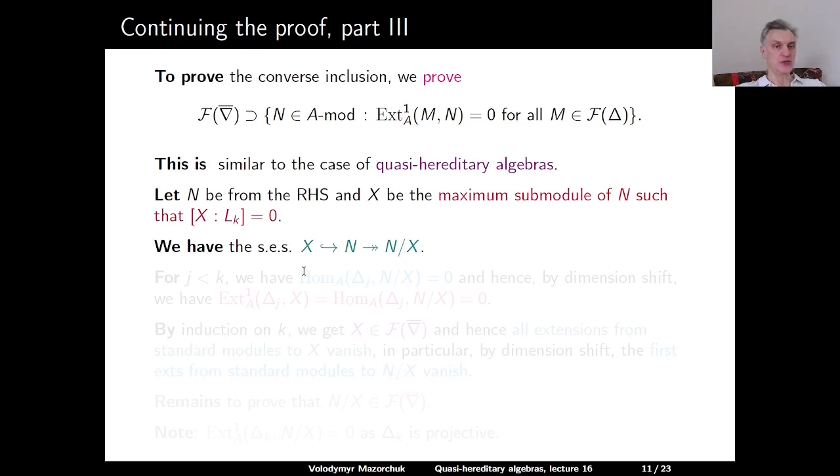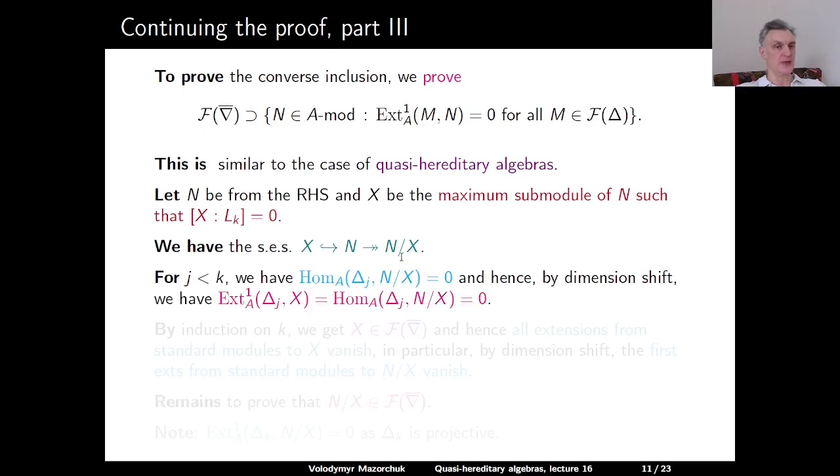So we have the corresponding short exact sequence: X is a submodule of N and the quotient is N/X. If j is smaller than k, then, of course, there are no homs from Δ_j to N/X, because by our definition, the socle of N/X consists only of L_k's, and Δ_j doesn't have any L_k.